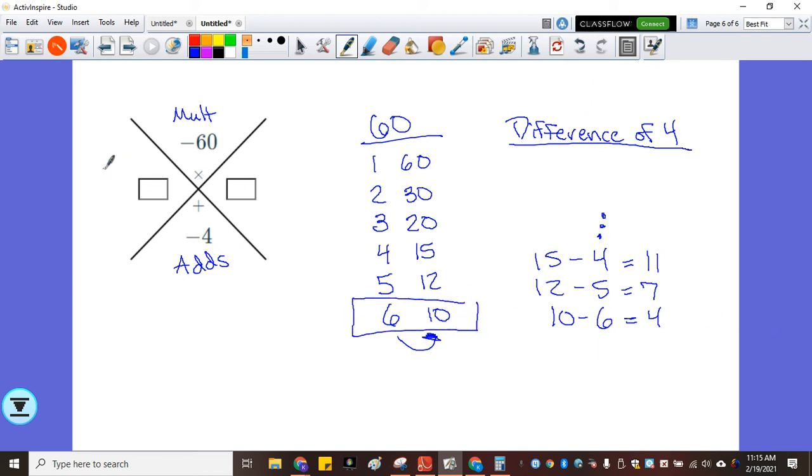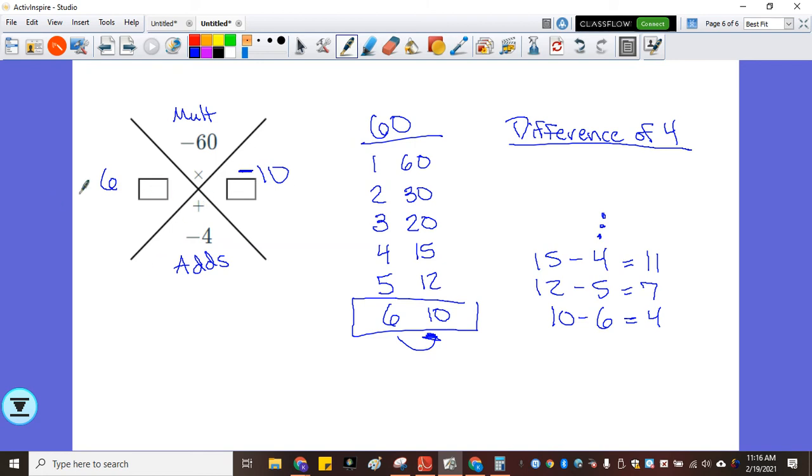So you know your numbers are going to be 6 and 10, but one of them has to be negative to multiply to a negative and add to a negative. So let me say this kind of slowly. To add to a negative, you need the bigger number to be negative. 10 is bigger than 6, so that's why I made 10 negative.